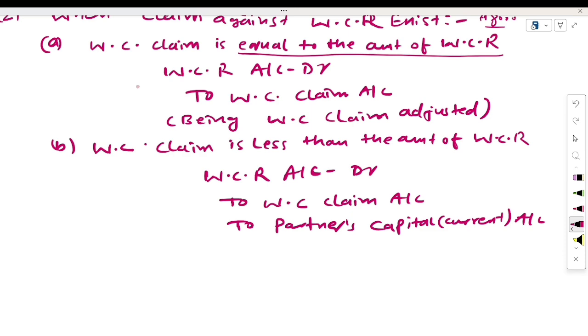This entry we will pass: workmen compensation reserve account debit to workmen compensation claim account, to partners' capital or current account. Because here the claim amount is less than the reserve amount.